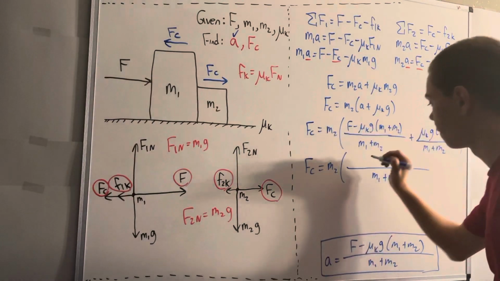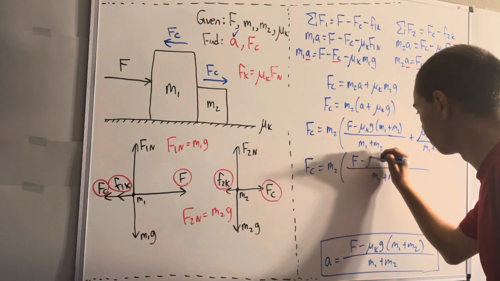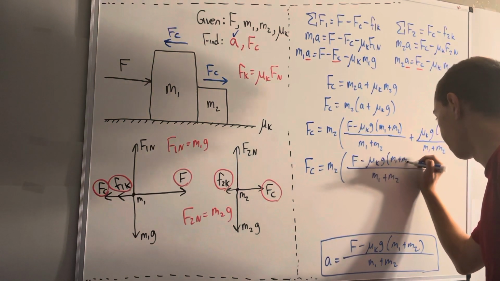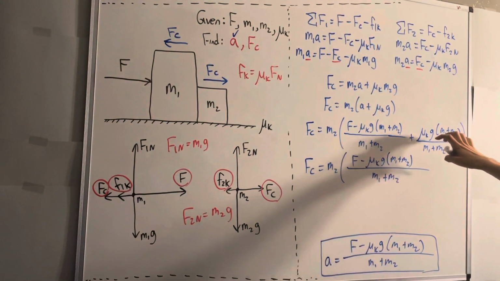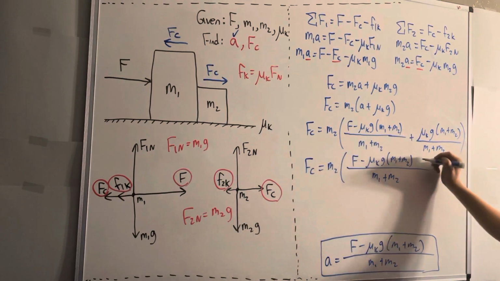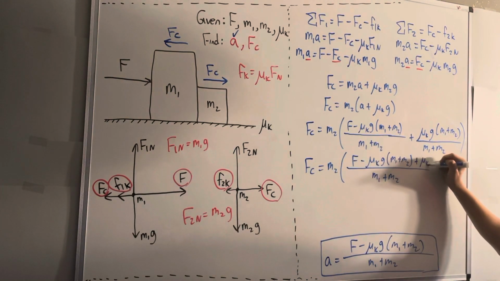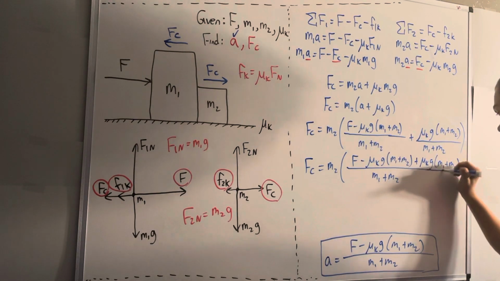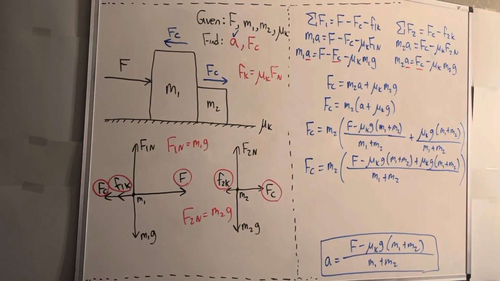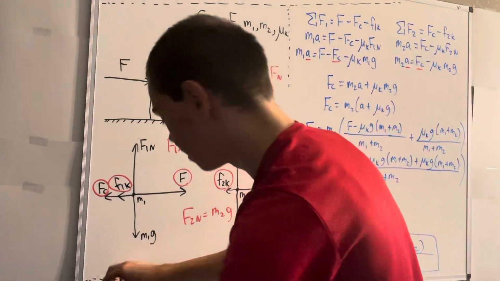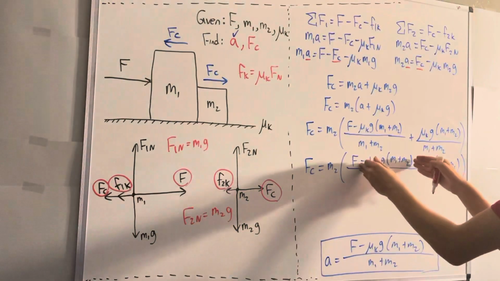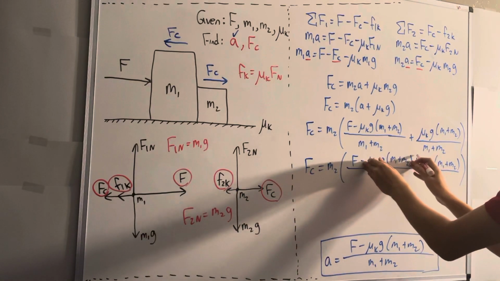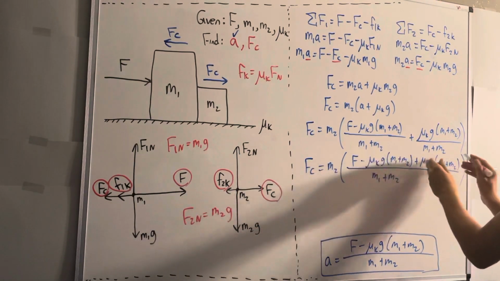Right here we have F minus mu k g times (m1 plus m2), and then we're just adding mu k g times (m1 plus m2). Notice what happens: these two cancel out, because minus this plus this is the same thing.